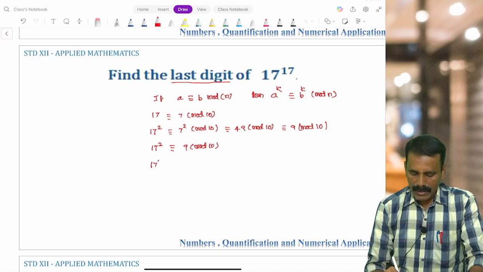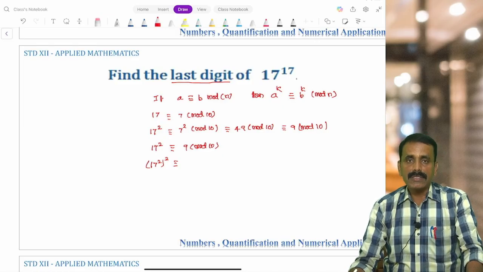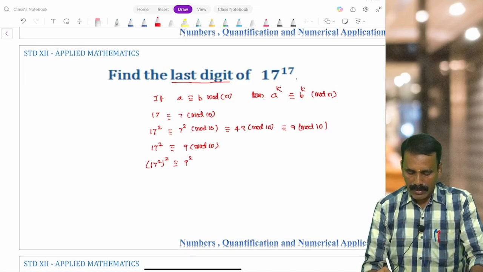So 17 square whole square. Step by step we are going to do it. Our ultimate aim is to find the last digit of 17 power 17. Now I am going to calculate 17 square whole square. That is nothing but 9 square mod 10.